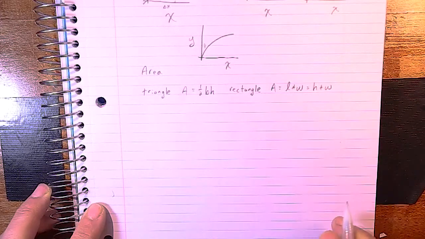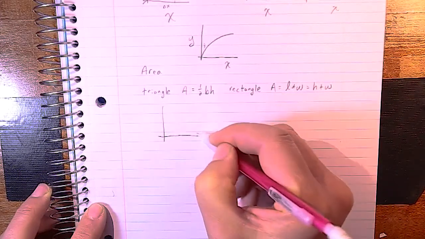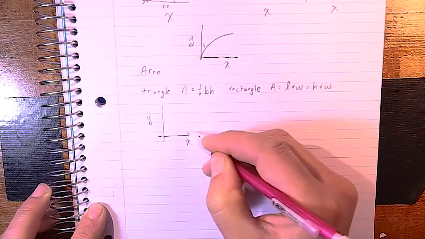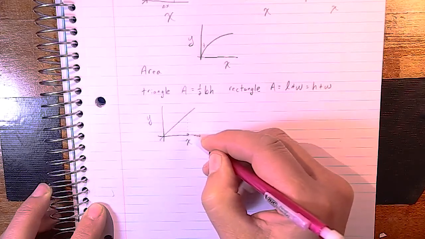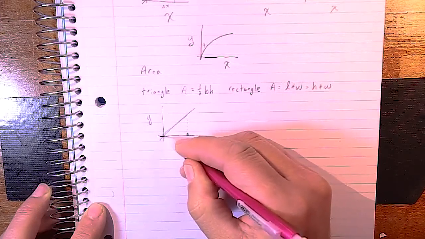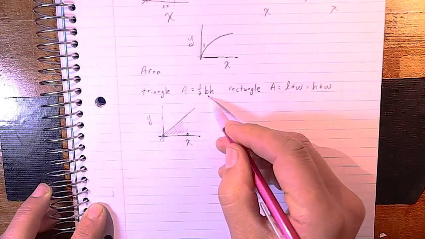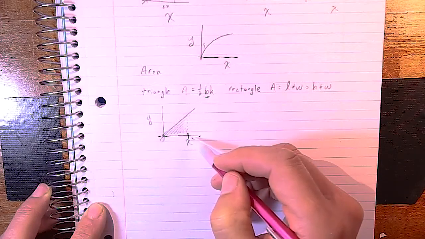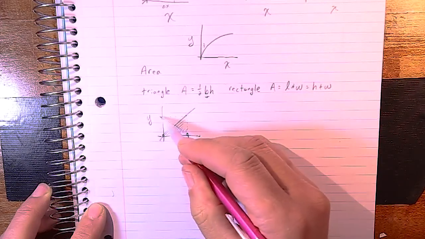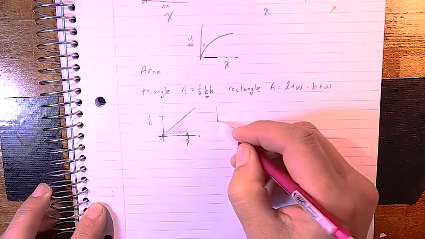But we can look at it either way. It's going to be the same thing. So let's say, for example, we come back here and we have a graph. The area that is underneath this line forms a triangle. So we would use 1/2 the base. So the base would be 0 to whatever this x value is, times the height, which would be this right here. And that's the area under the graph.